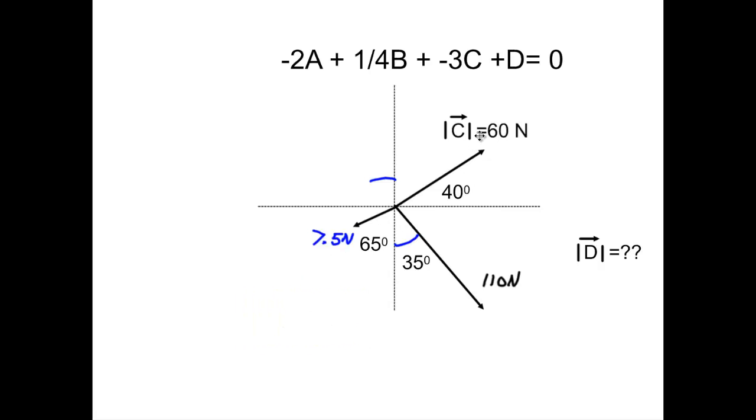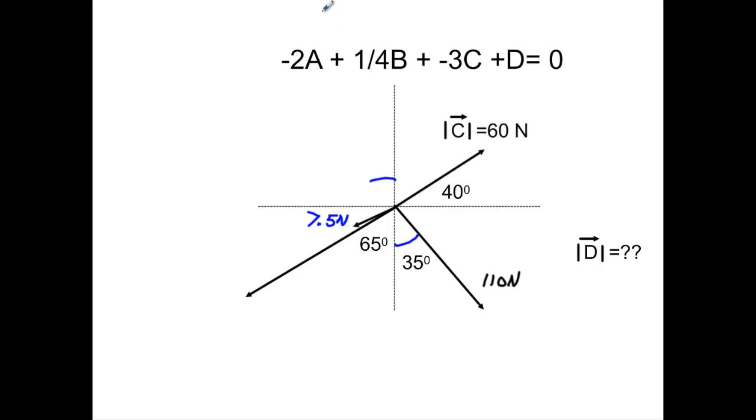Alright, let's come to the 60. Now the 60 is going to be multiplied by a negative 3. The negative is going to reverse this vector. I'm going to move some of this out of the way because it's going to be a little hard to get it all in here. This vector is going to turn around and go back the other direction, just like this.